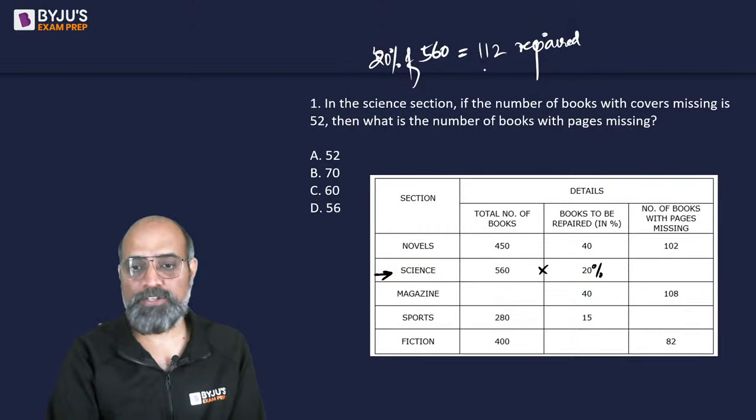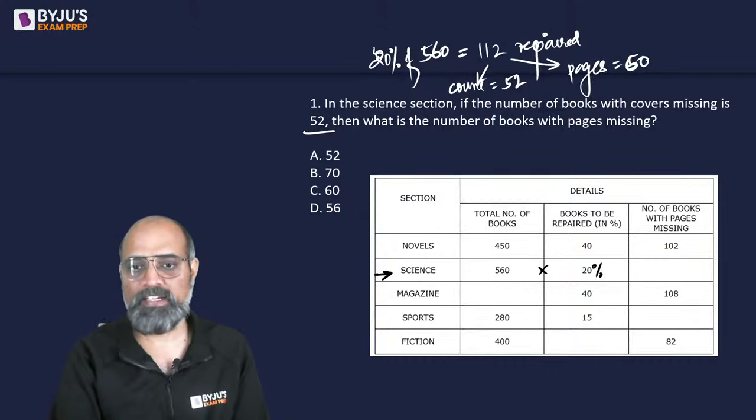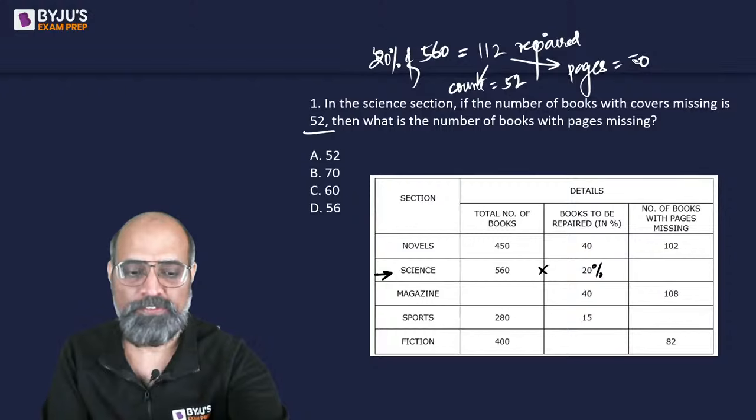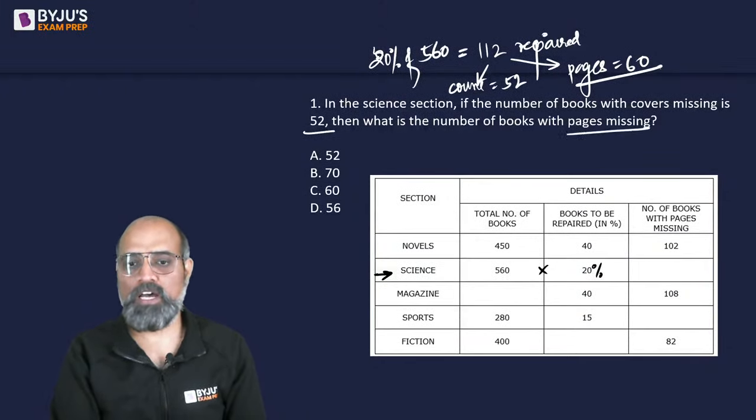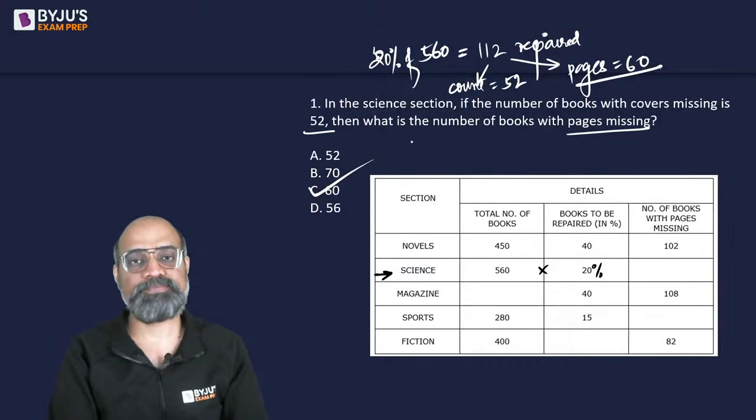And out of these 112, if it is given that covers missing is 52, that means the remaining would be pages missing, and pages missing should be the remaining 60, right? 52 plus 60 is 112. So pages missing books are going to be 60.